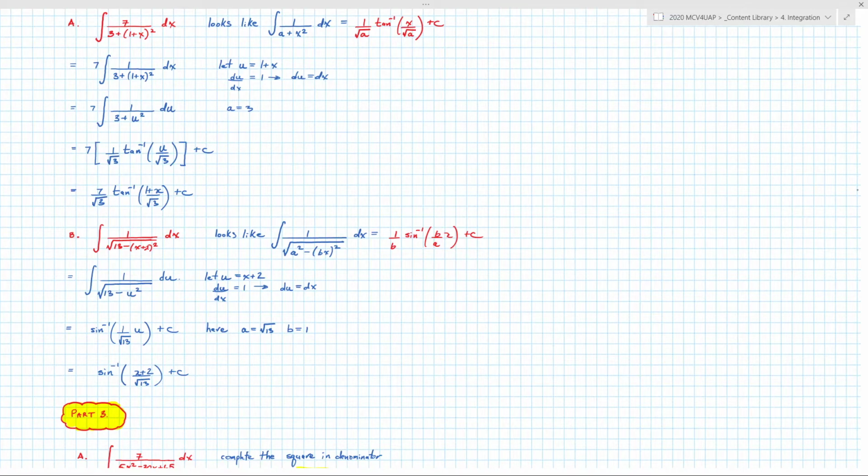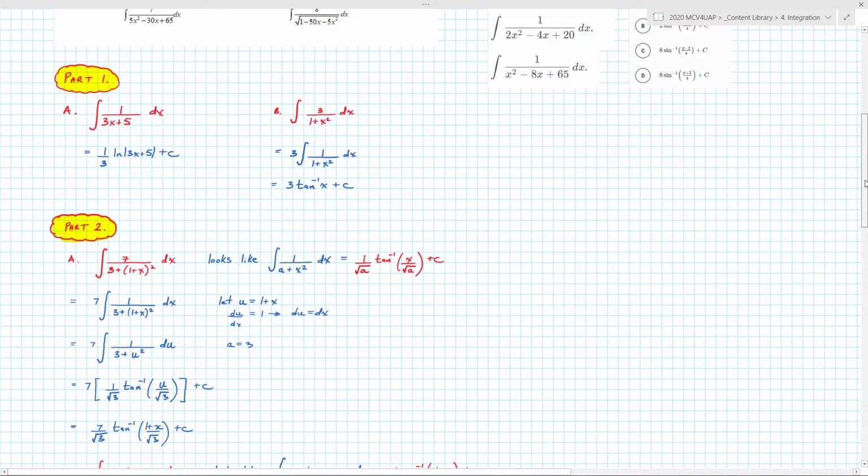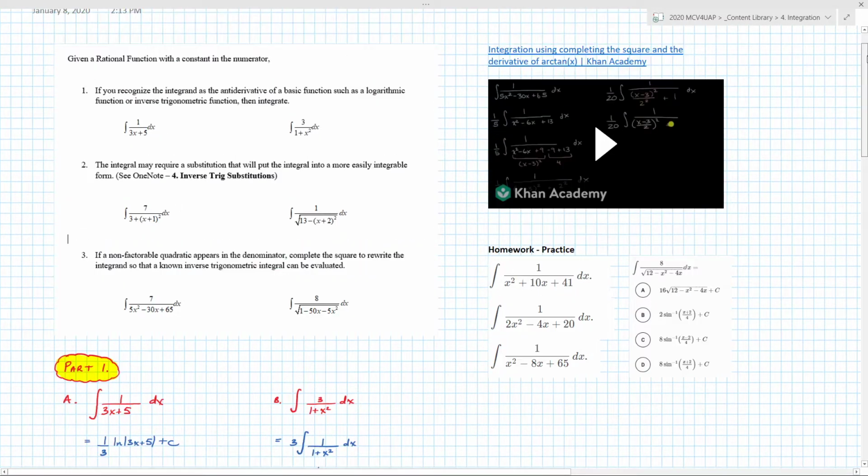Now, if I go back up to the top, there was a third case. If the denominator now, so let's say we have again a function divided by a function and the numerator is a constant, but now we have a non-factorable quadratic in the denominator.